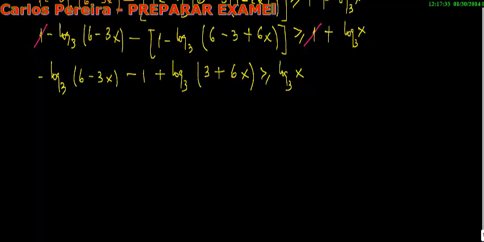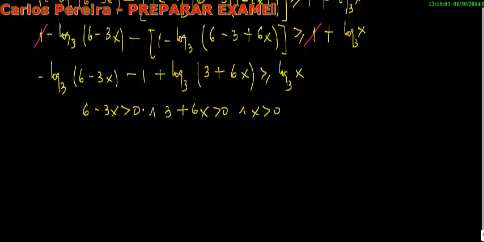So at this expression, the domain must be 6 minus 3 times x greater than 0, because it is a logarithm, and 3 plus 6 times x greater than 0, because of this. And also because of this, x greater than 0. Okay? Is that okay for you?